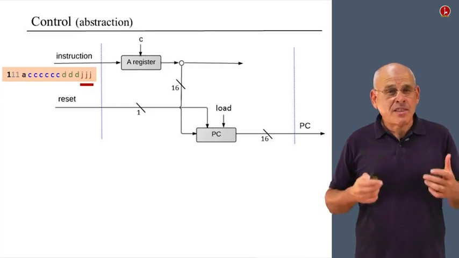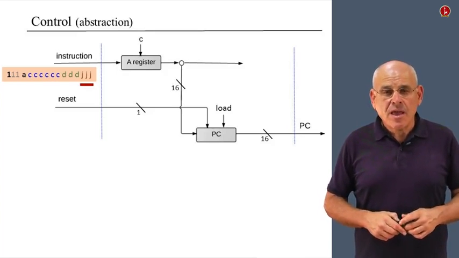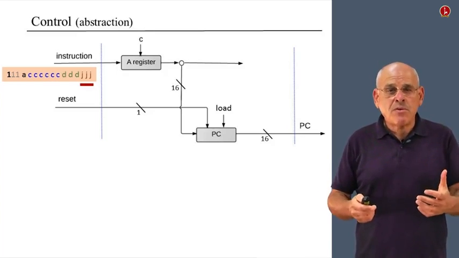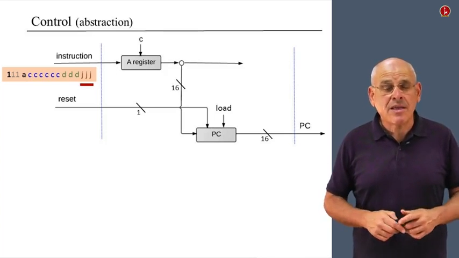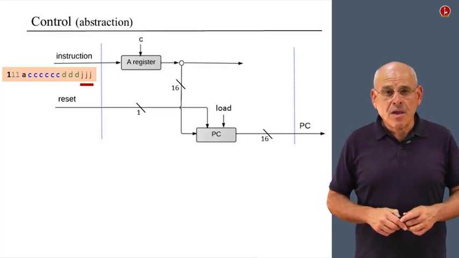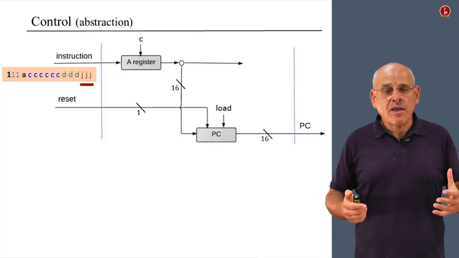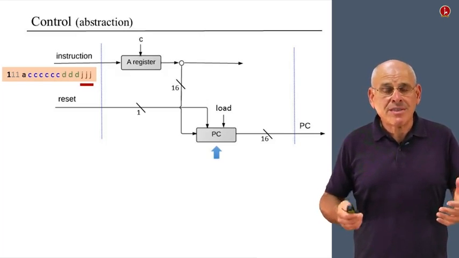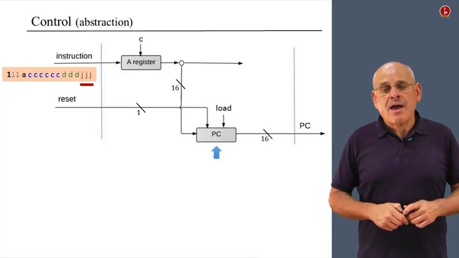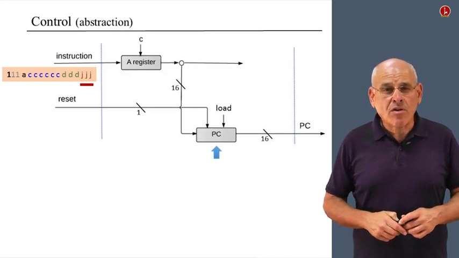What I've just said is part of the Hack machine language specification. And now it's the job of the CPU to turn this specification into reality, to realize this abstraction. So how do we do it? Well, the hero of our story is a humble register called program counter. It's actually a counter. And the program counter is also called PC in our jargon.